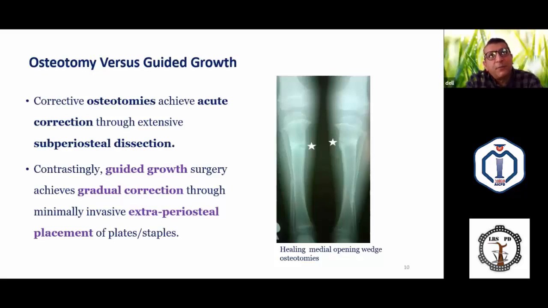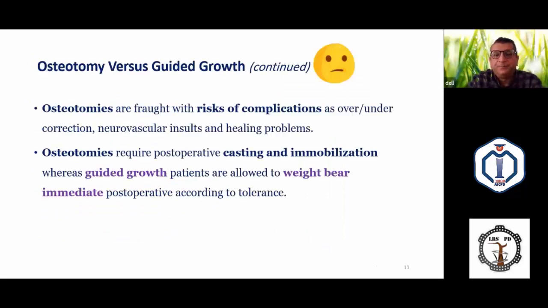You osteotomize on bare bone after conducting a subperiosteal dissection. While guided growth, which is a form of minimally invasive surgery, of course, uses extraperiosteal dissection, so you respect the periosteum. These are the main differences, and here is an example of a rachitic patient who has been subjected to a medial opening wedge osteotomy.